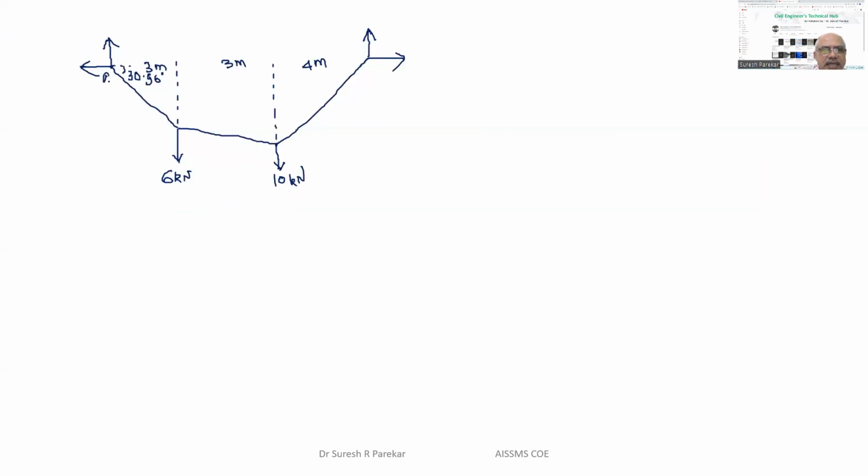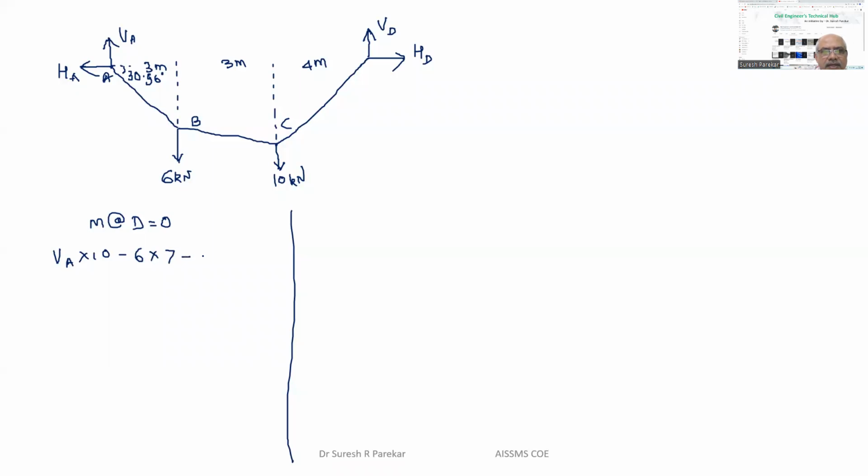So now this is A, B, C, D. We have this as A, so VA, HA. Then we have VD, HD. And this point is B, this is C. So now we can take moment about D equal to 0. So we have VA into 10 minus 6 into 7 minus 10 into 4 equal to 0. And we will have 42, 40, so 82 divided by 10.